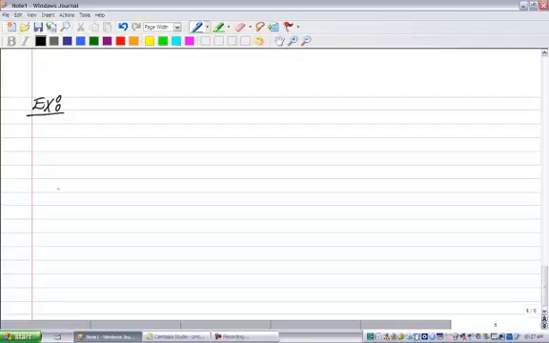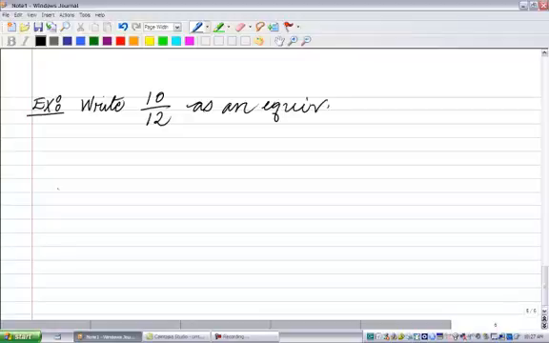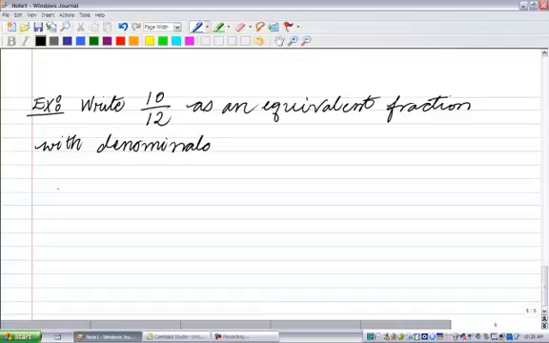Let's say the example is: write the number 10 divided by 12 as an equivalent fraction with denominator 6. So all this is saying is write this fraction as an equivalent fraction where the denominator is 6.